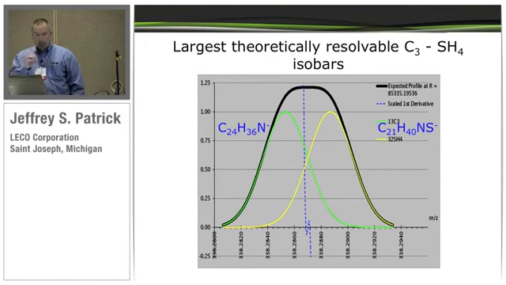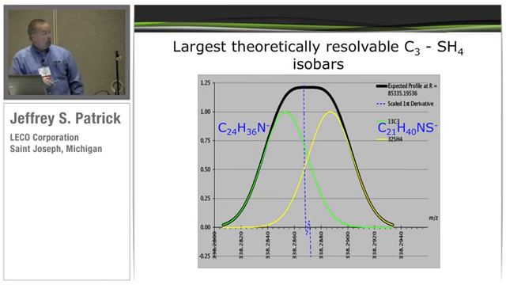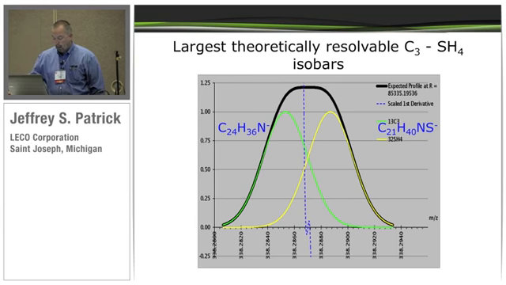This is the most challenging measurement that a mass spectrometer will need to perform in a petroleum sample, and that's the C3SH4 exchange. I call it exchange, but it's not literal, where you have two formulas, same nominal mass, differing by only a few millidaltons. Theoretically, this requires in excess of 85,000 resolving power to achieve.